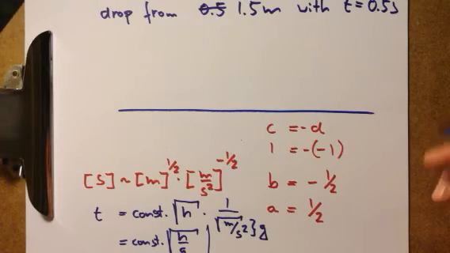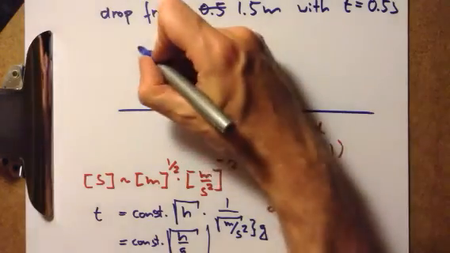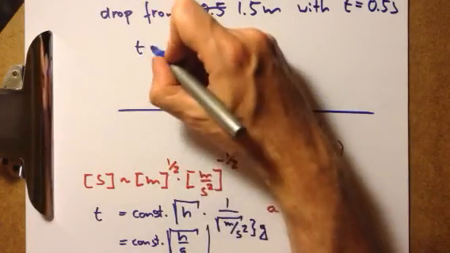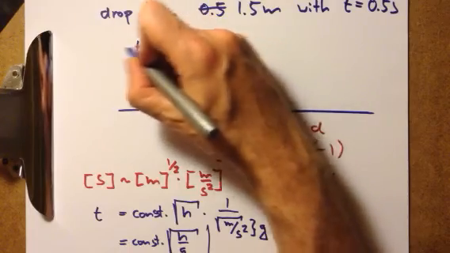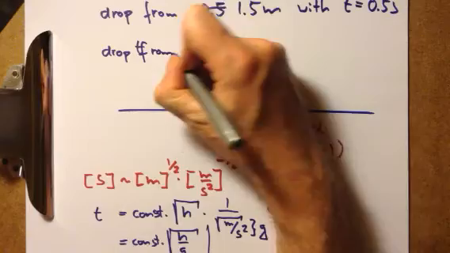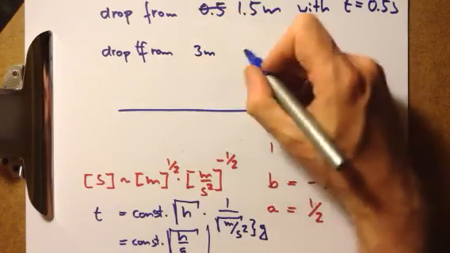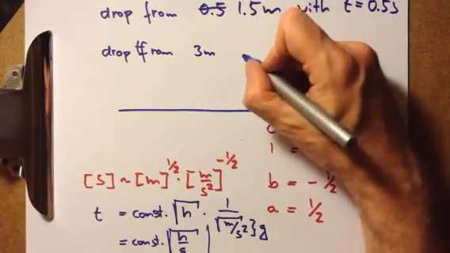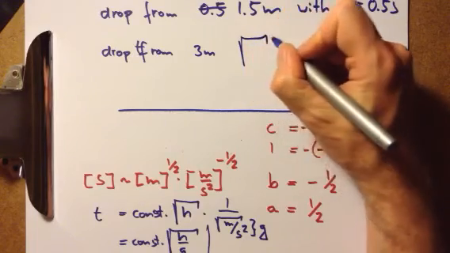So therefore the time for the drop from 3 meters should have a time of the ratios of the square roots.